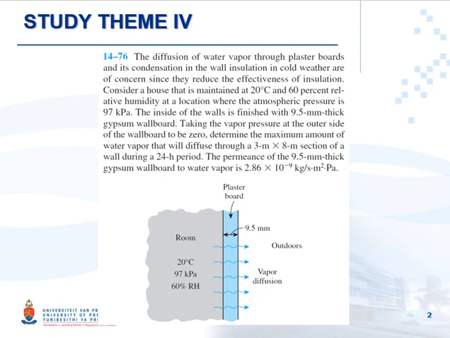The inside of the wall is finished with 9.5 millimeter thick gypsum wall boards. Taking the vapor pressure at the other side of the wall board to be 0, determine the maximum amount of water vapor that will diffuse through a section.